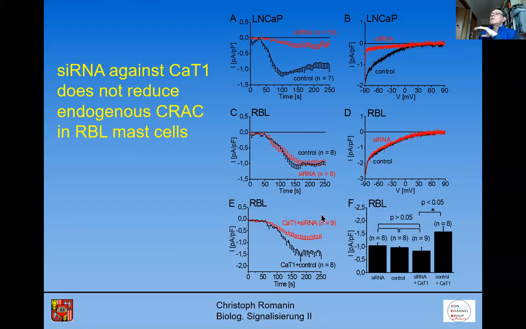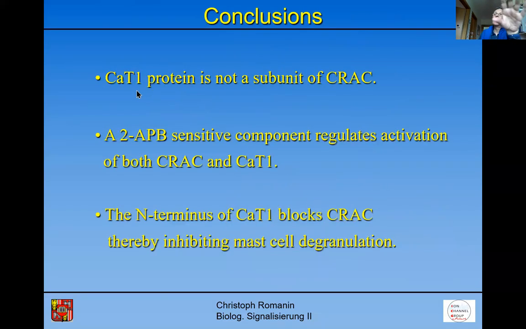Finally, from these experiments, we conclude CAT1 protein is not a subunit of a CRAC channel. That was quite an important message, because it was later confirmed by other scientists as well. It makes very clear that the Nature paper's message of TRPV6 as a protein of a CRAC channel was wrong.